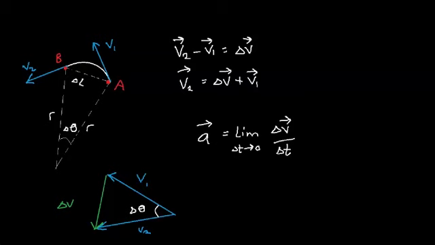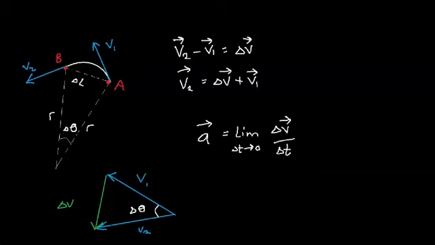If we evaluate the limit and let delta t be very small, approaching 0, delta theta will also approach 0, and this will make v1 almost parallel to v2, and dv, the change in velocity, will be essentially perpendicular to both velocity vectors, thus pointing towards the center of the circle.